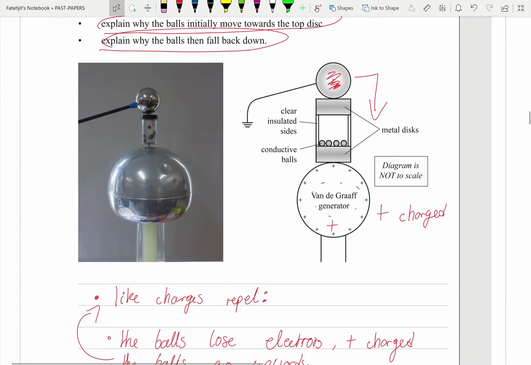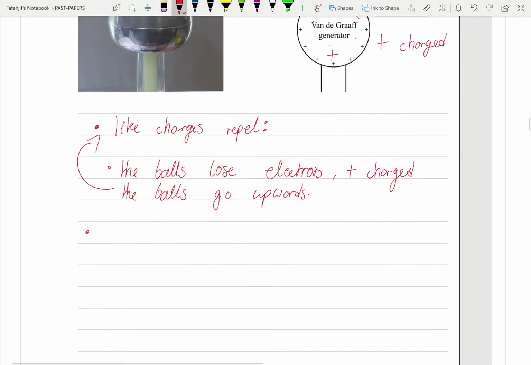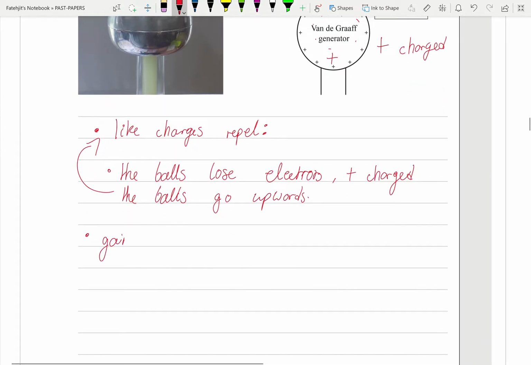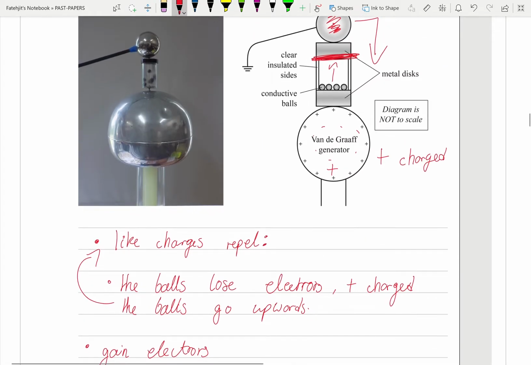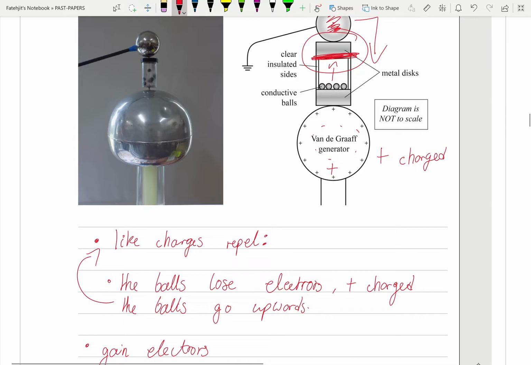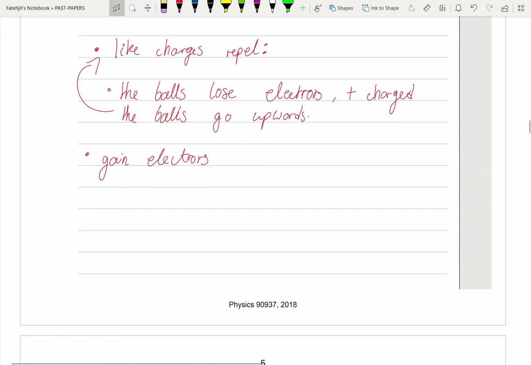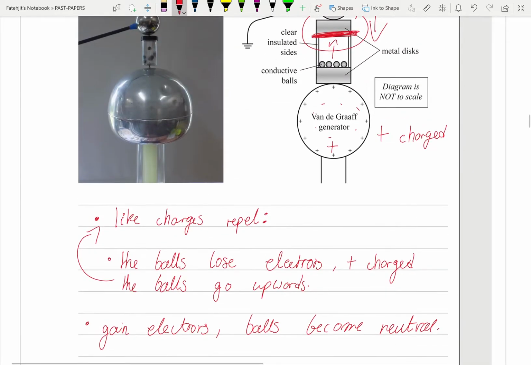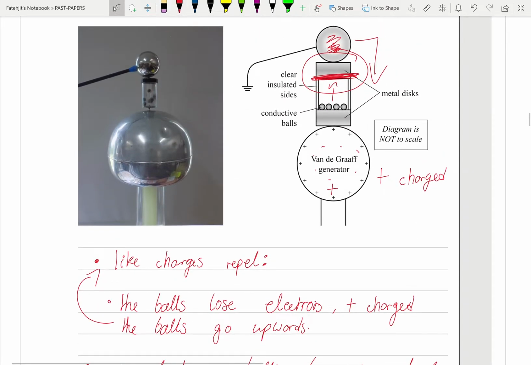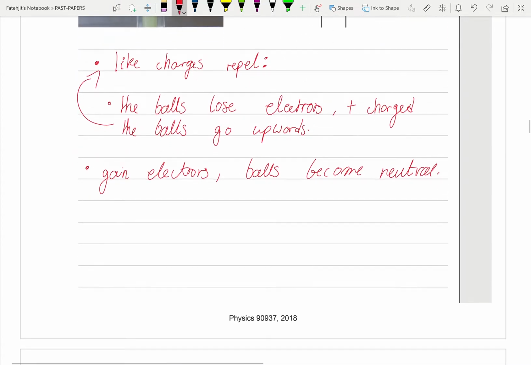Once the balls go up to here, they gain electrons because this thing is no longer positively charged, it has no charge. Therefore, the balls become neutral, and once they are neutral, the first thing neutral balls do is flow down because of gravity.